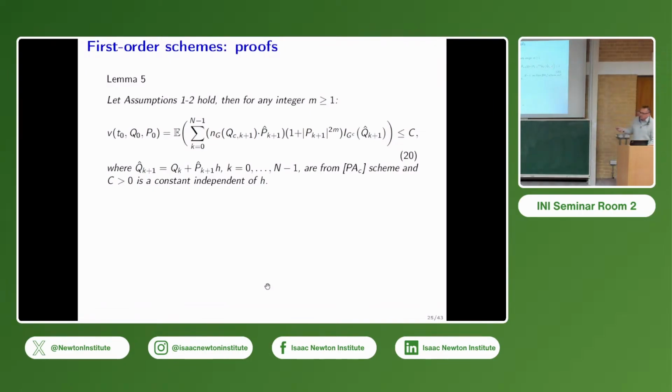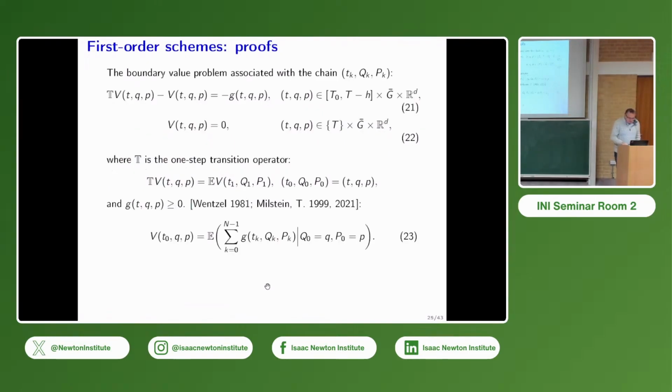So what we are estimating here is that the average number of steps on which we experience this behavior is bounded by a constant which doesn't depend on the time step. And then, of course, we sum everything up, and we are getting first order.